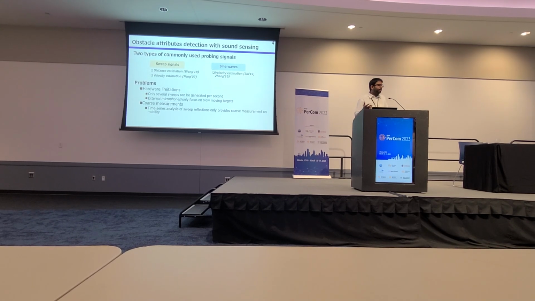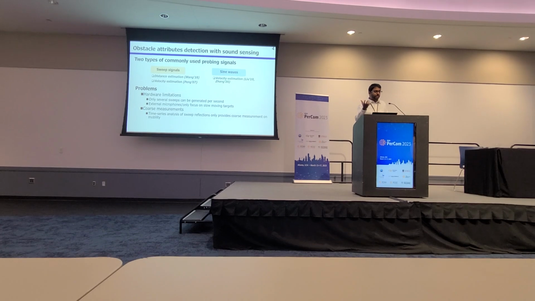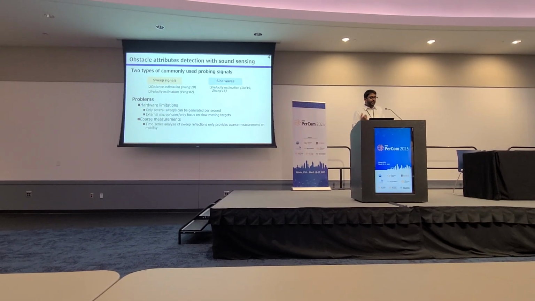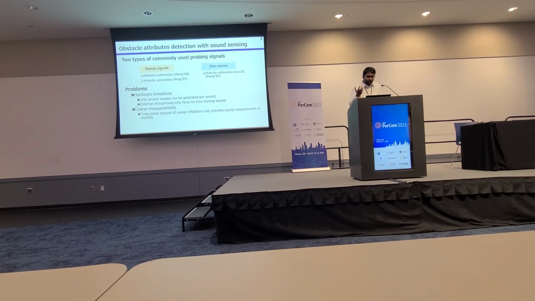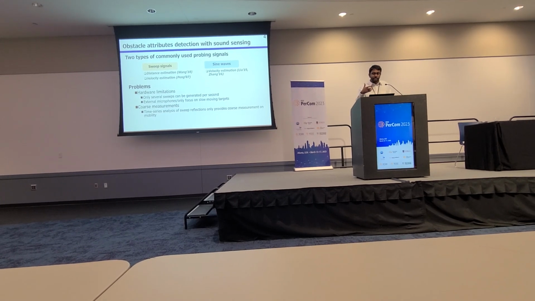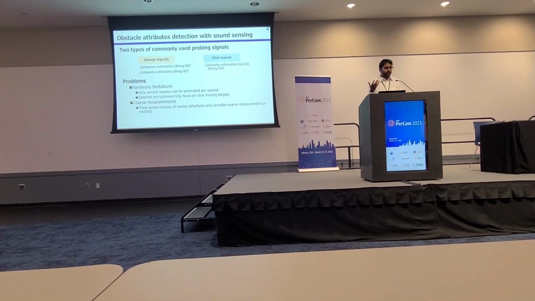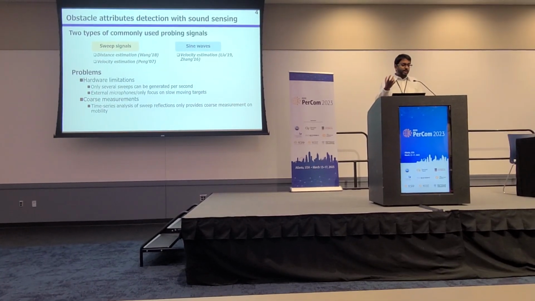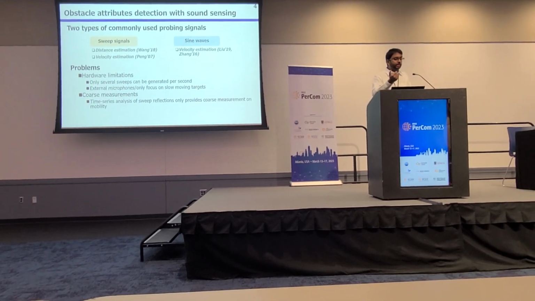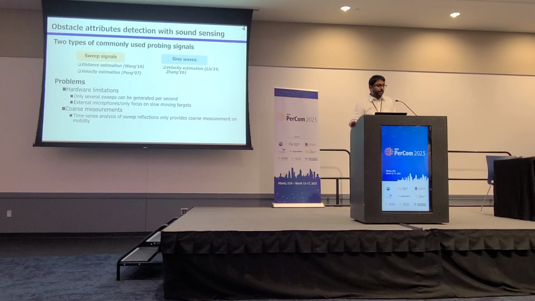So to further understand why both distance and relative velocity estimations of static and mobile obstacles have not been done simultaneously in a single system, we have to recognize what kind of attributes can be predicted using what kinds of probing signals.